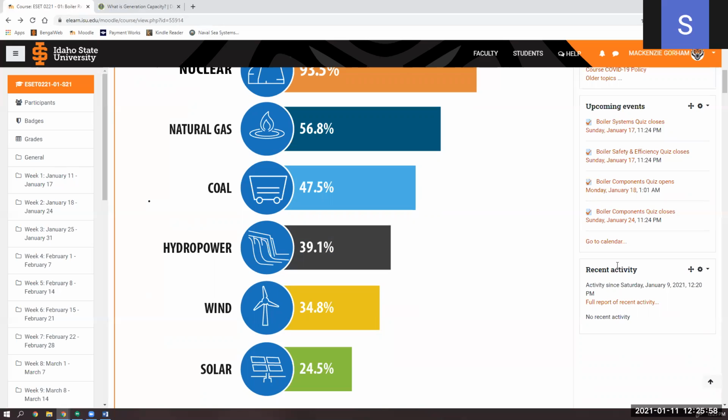So when we're talking about types of energy and types of power systems and how we're going to put energy on the grid, we're talking about very different things when we talk about base load and when we talk about load following. Some places like Idaho, our hydropower is actually part of our base load power.